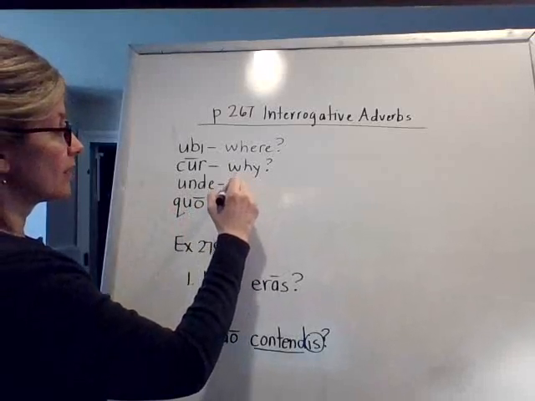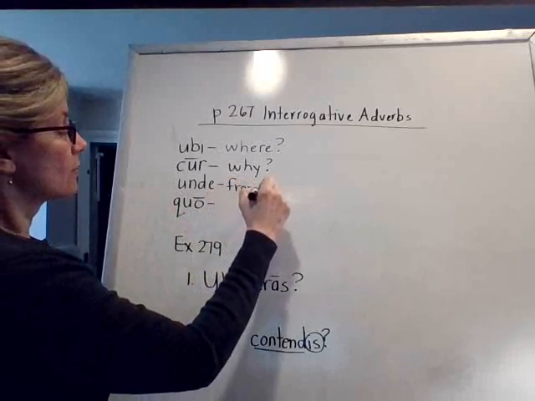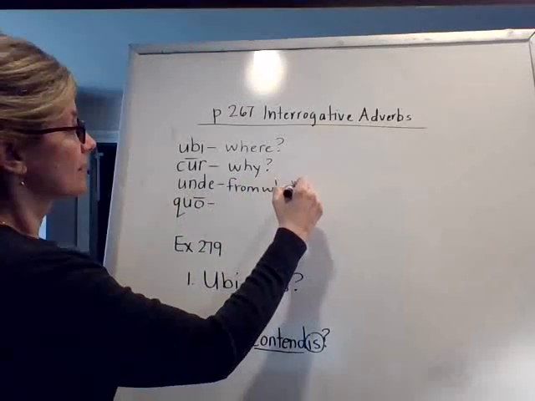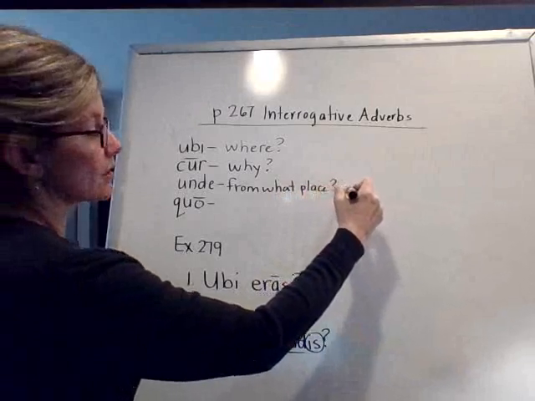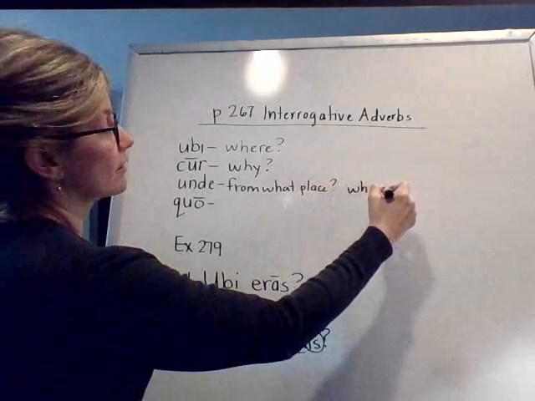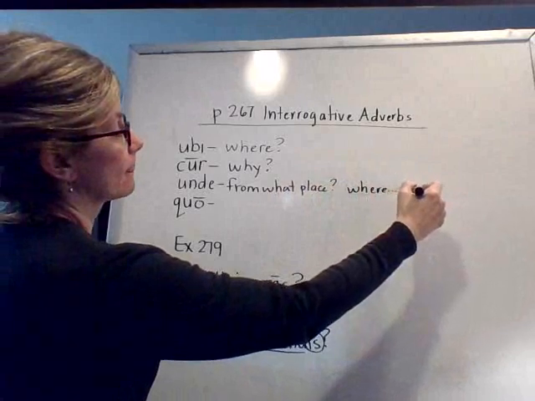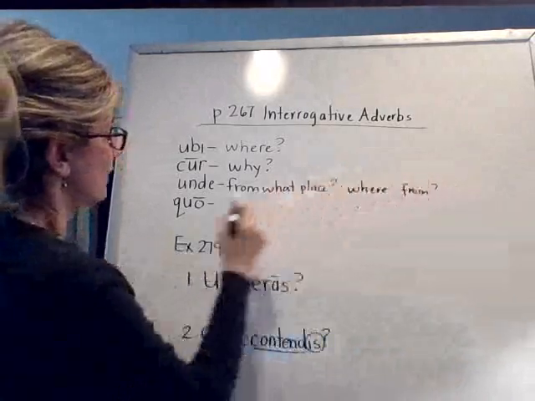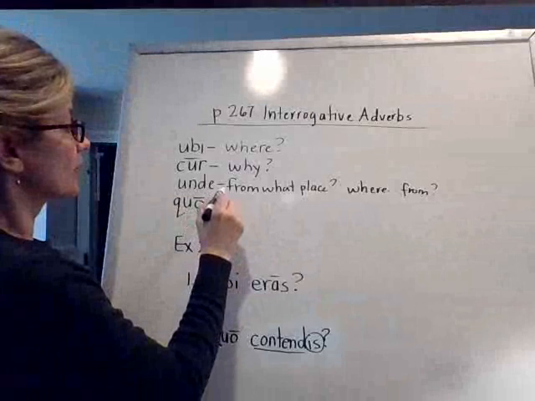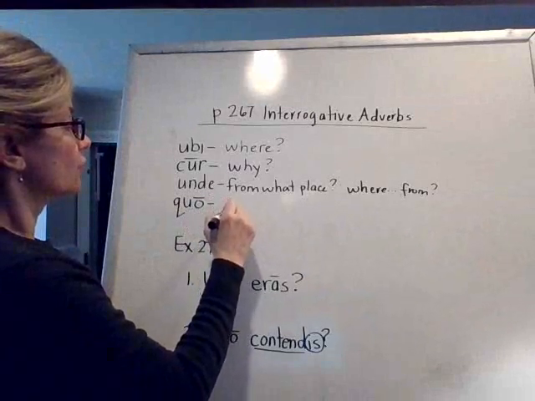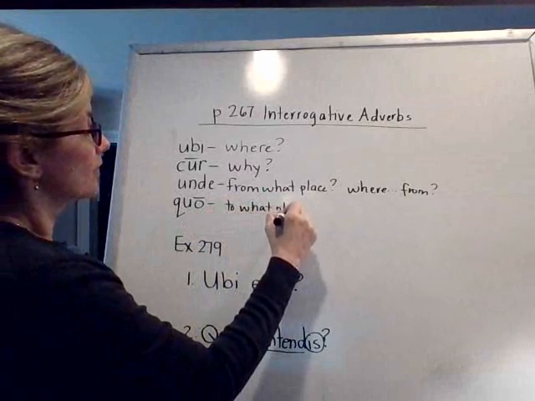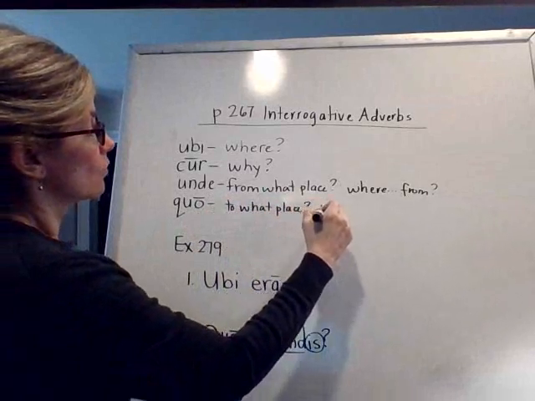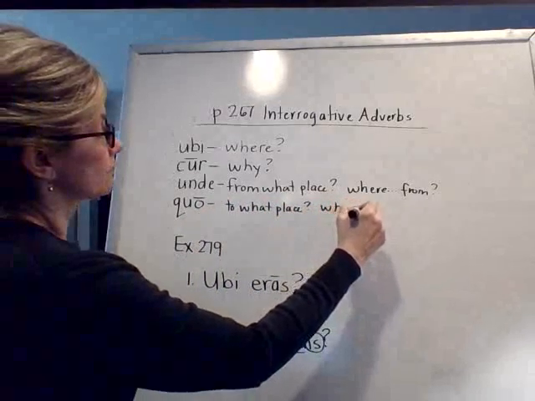So it could be from what place, or where from. And then quo is similar, but it is to what place, or where to.